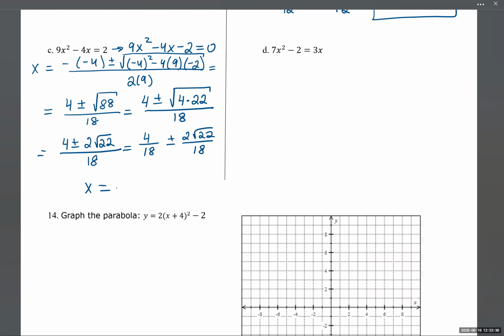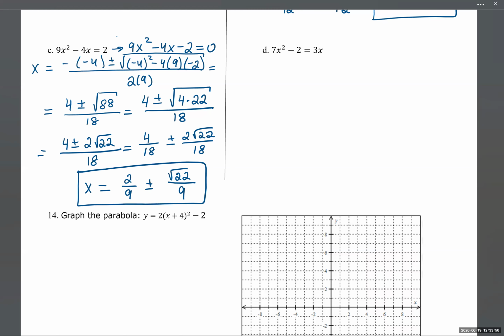Reduce the 4 and the 18 by 2. This is 2 over 9 plus or minus. Reduce the 2 and the 18 the same way. This is the square root of 22 divided by 9. This is as far as we can go in the simplification process.